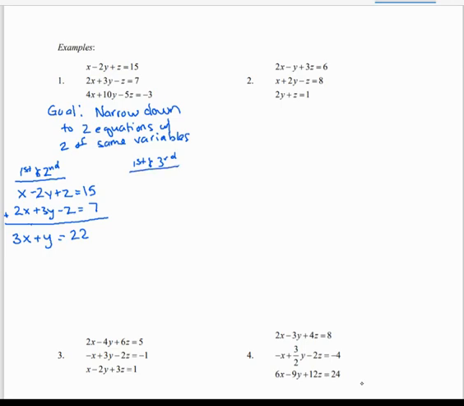By combining first and third, what we need to do is multiply that first equation by 5. This will make the z's be opposite. Now my first equation is 5x minus 10y plus 5z equals 75. Our third equation, we will leave as is.